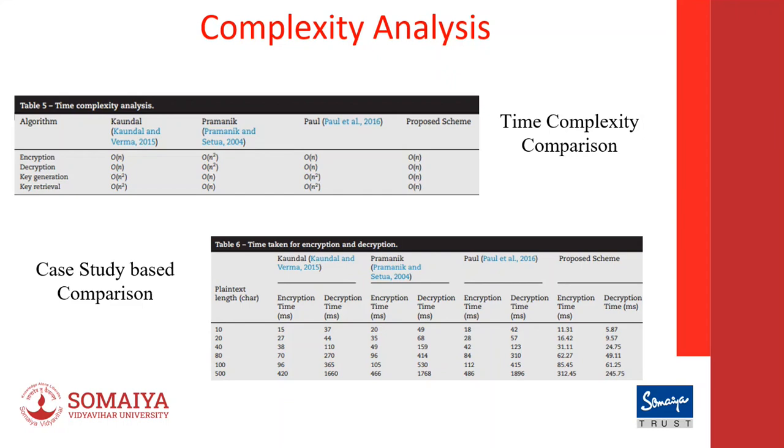Similarly, when comparing our solution on the basis of a case study, we can see a tremendous drop in encryption and decryption time taken by the proposed solution's algorithm for different plain text lengths, proving that our proposed solution is effective and faster.